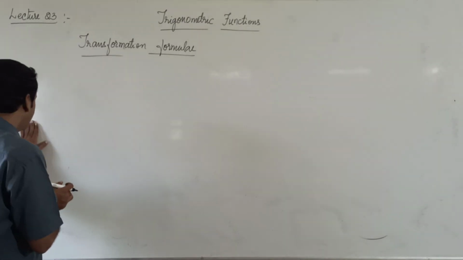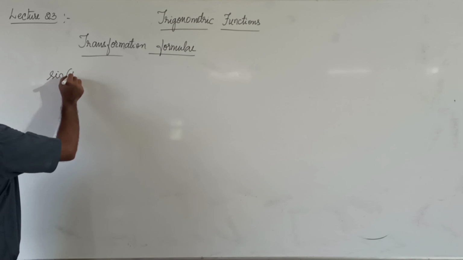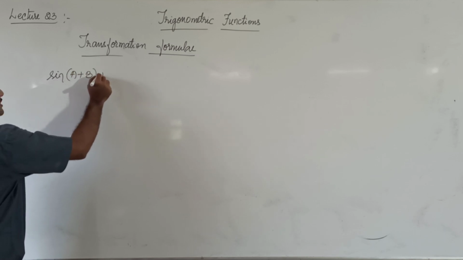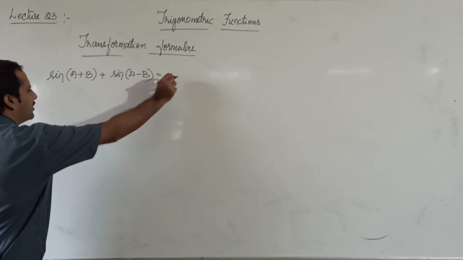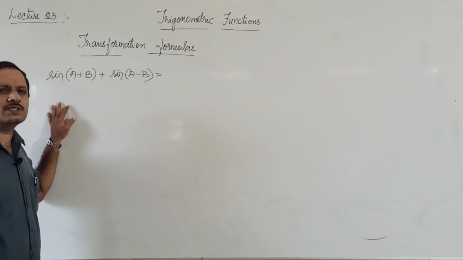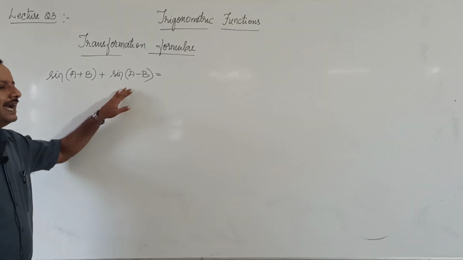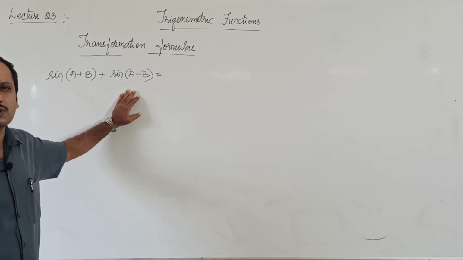Before we discuss that, let us see what is sin(a+b) + sin(a-b). You know the formula. sin(a+b) is equal to sin a cos b plus cos a sin b, and sin(a-b) is equal to sin a cos b minus cos a sin b.